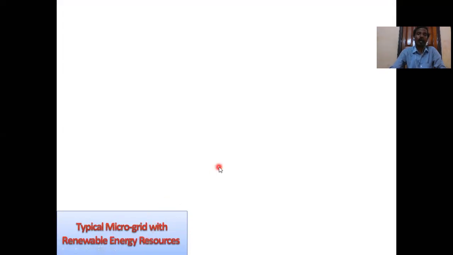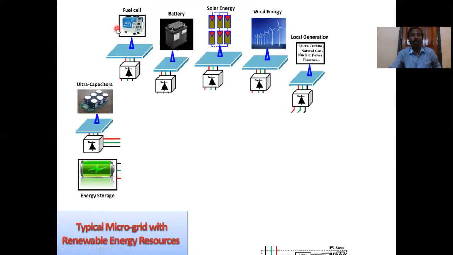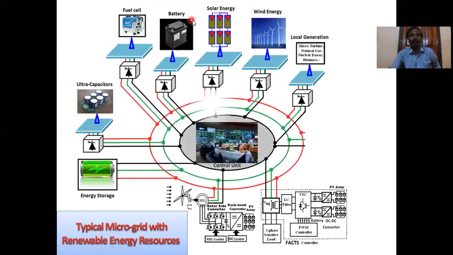So what are the resources for a microgrid system? First, fuel cell, battery, solar energy, wind energy, local generation, where microturbine, natural gas, nuclear power, biomass, and another ultracapacitor energy storage device. This is a doubly-fed induction generator.